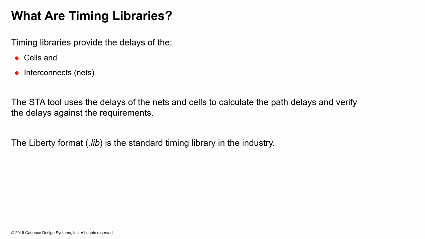The standard format that is widely used in the industry is the Liberty format, also known as .lib. There are other formats like ECSM or LBR that are used by different tools internally, but most of the tools do accept the Liberty format, or the .lib, as an input.